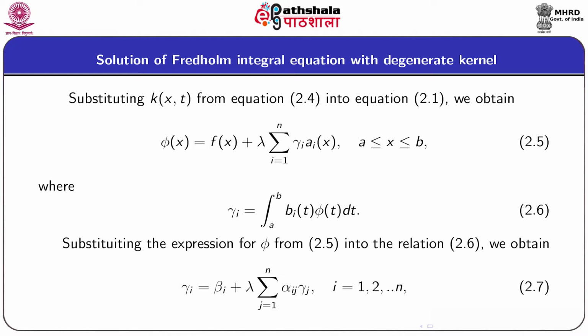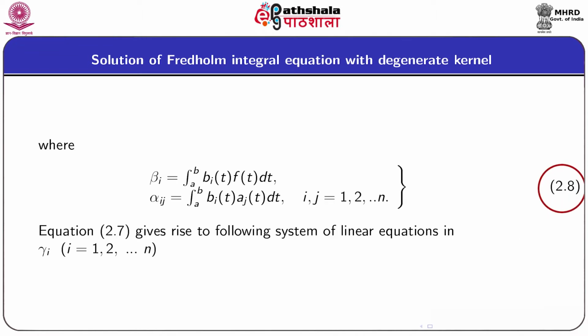We substitute phi(t) from equation 2.5 into equation 2.6. Doing so, this gives the system of linear equations 2.7. Here i also varies from 1 to n. In 2.7, lambda is the parameter of the integral equation. Beta_i and alpha_ij are the known quantities given by equation 2.8.